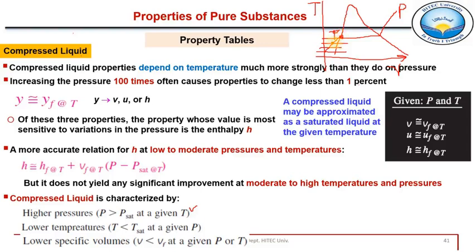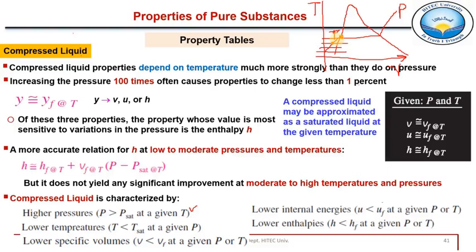So at a given P or T, the volume of that compressed liquid is less than the corresponding Vf. Similarly, U is less than Uf, and H is less than Hf at a given P or T.